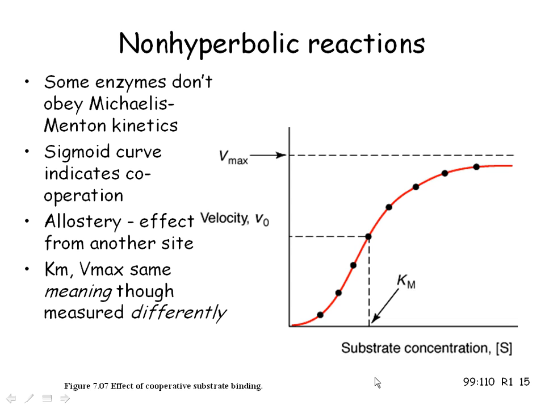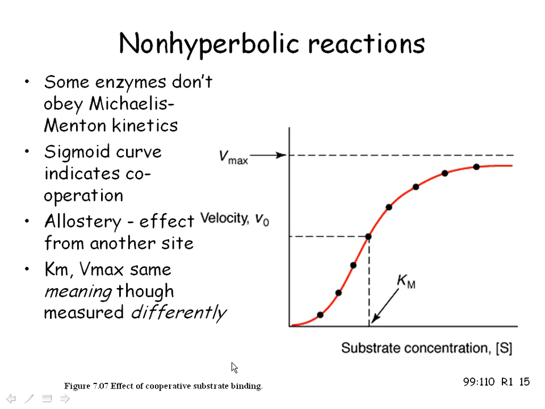We call the fact that binding on one part of the enzyme can have an effect on the other catalytic sites allostery. Allo is other, steer is steric place, site. So allosteric effects are when binding at one place on the complex alters behavior somewhere else. Hemoglobin is an allosteric oxygen transporter.